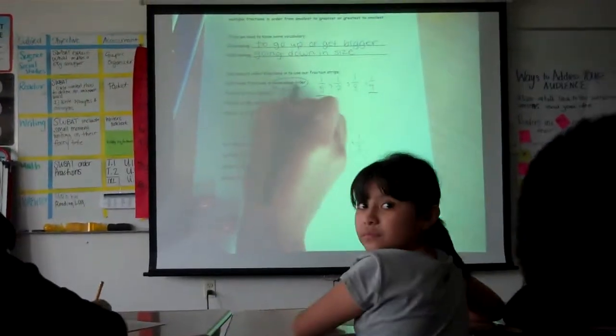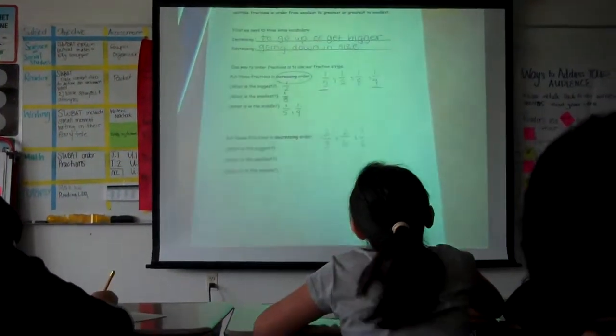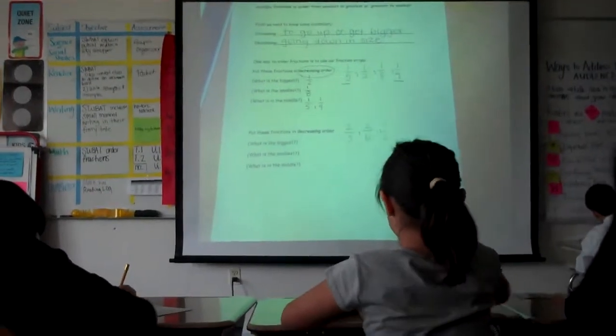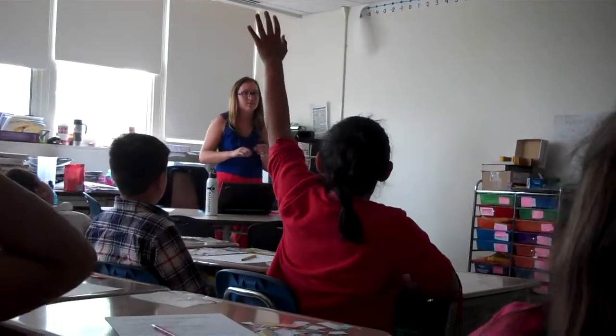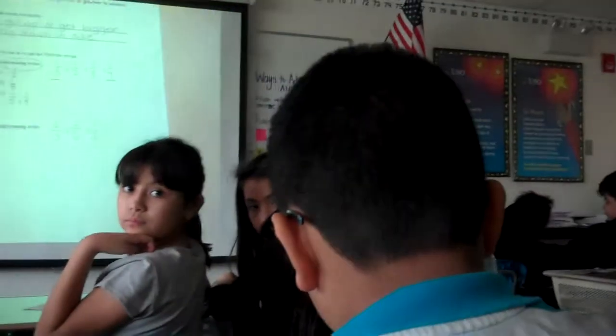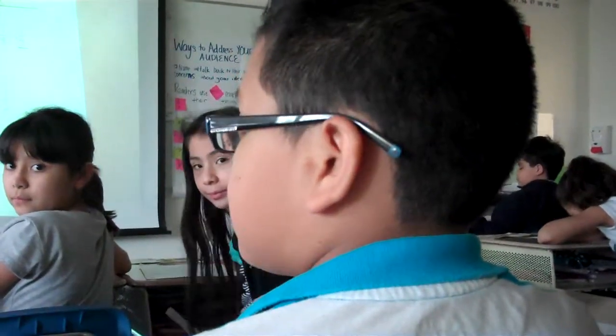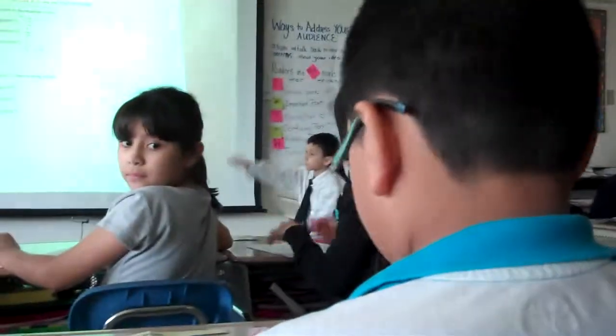So remember, it's increasing order. So am I going to start with the smallest fraction or the biggest fraction if I'm supposed to put them in increasing order? Luis. In largest to smallest. If we're going up in size, would we go bigger to smaller?